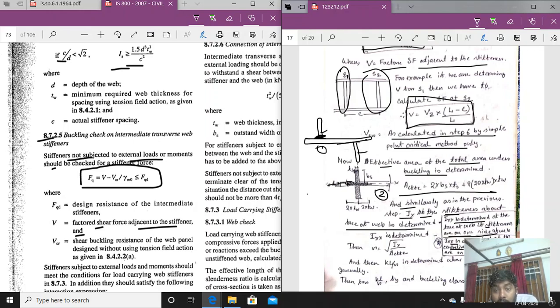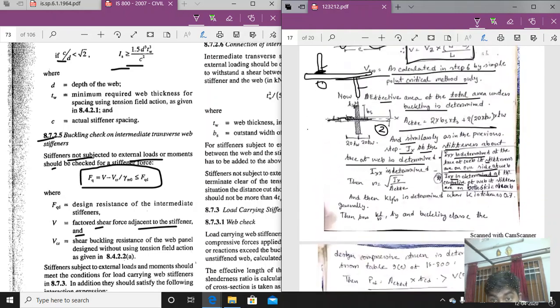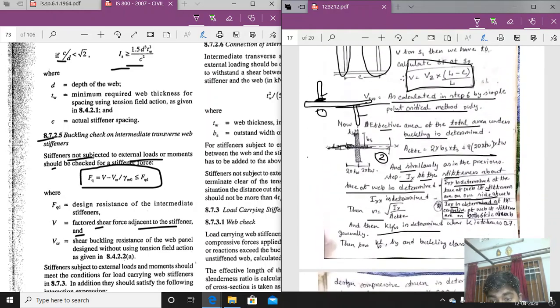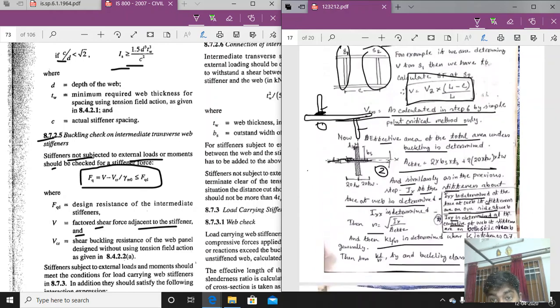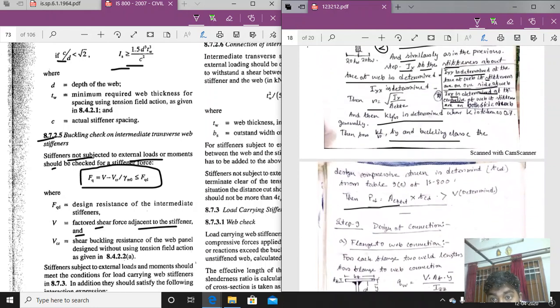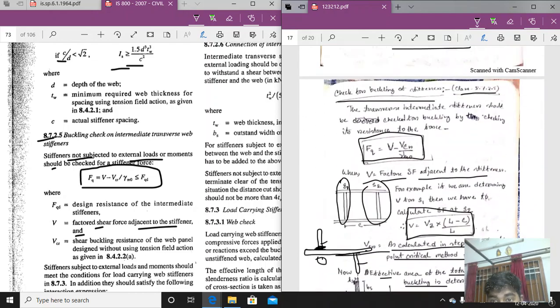This will be the axis through which the moment of inertia will be determined. Then similarly r is determined, then KL by r should be determined. So buckling class C, because it is a solid section. Now P_d is determined, A effective we have calculated, and f_cd we have determined from class C and table 9C.